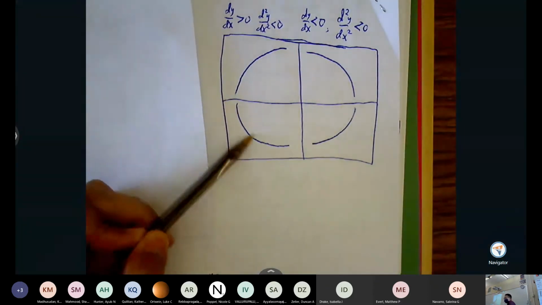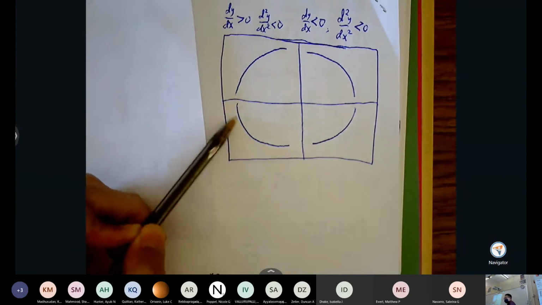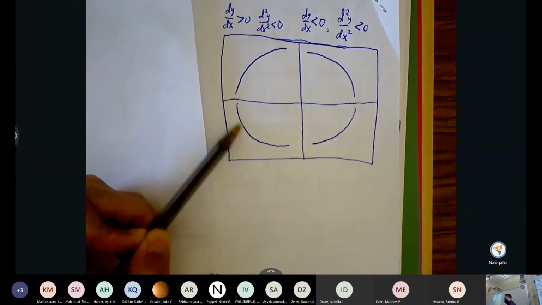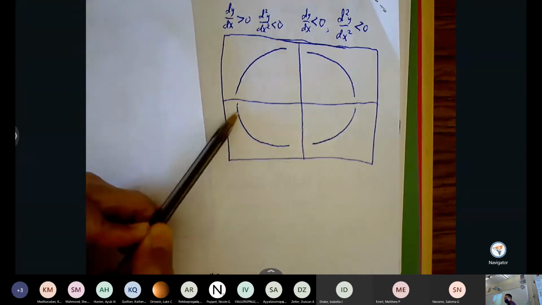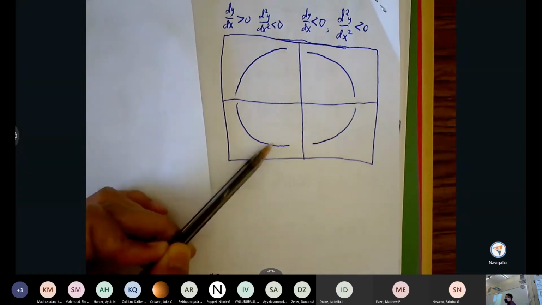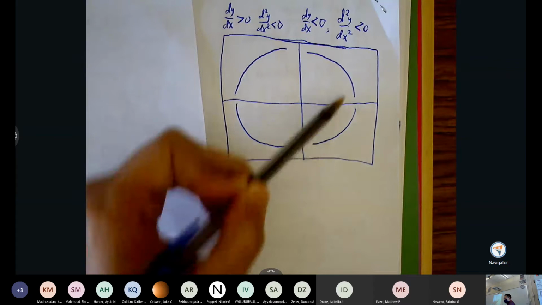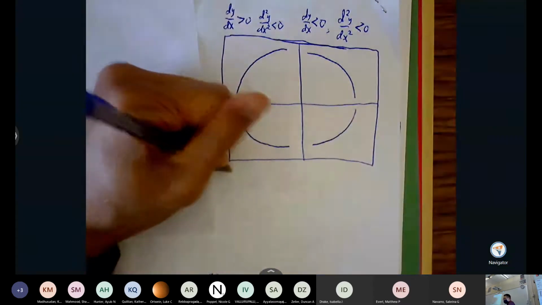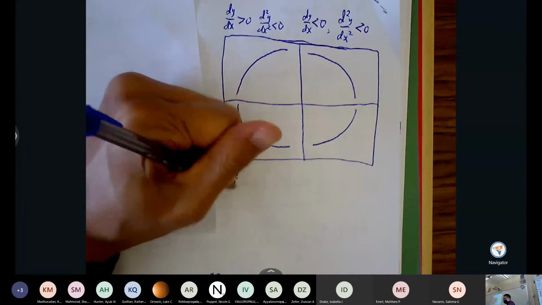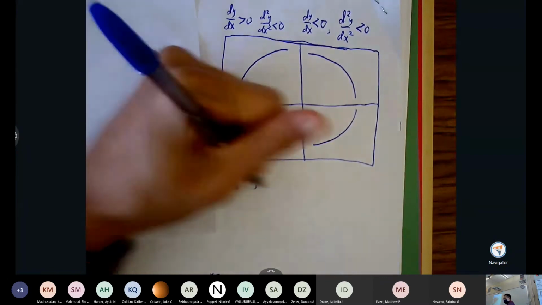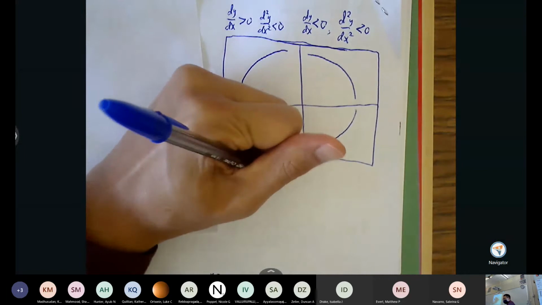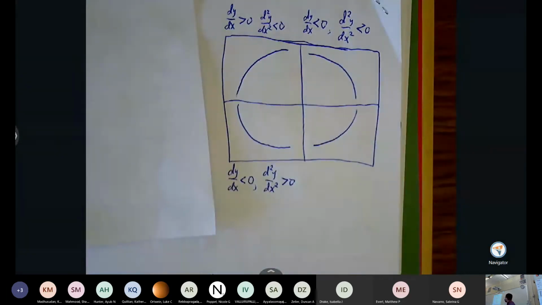Okay, how about this one here? Slope. Yes, slope negative. Concave. Right, this is concave up, right? It's decreasing, but it's concave up because it resembles that parabola opening up shape, right? So we say dy dx is negative, but d2y over dx2, second derivative, concave up, so positive concavity.